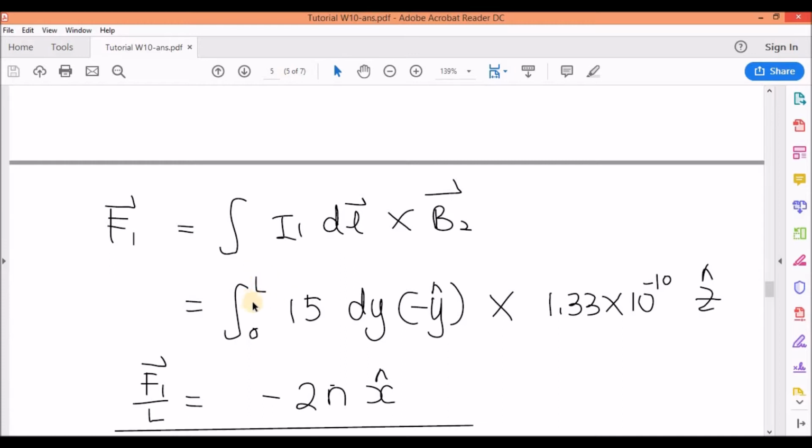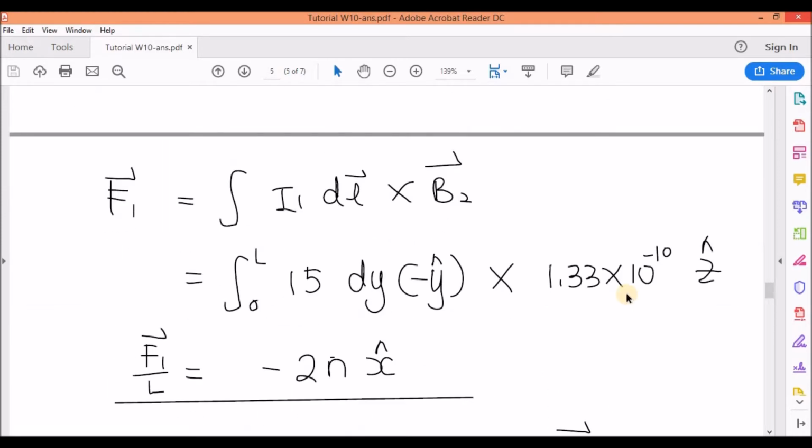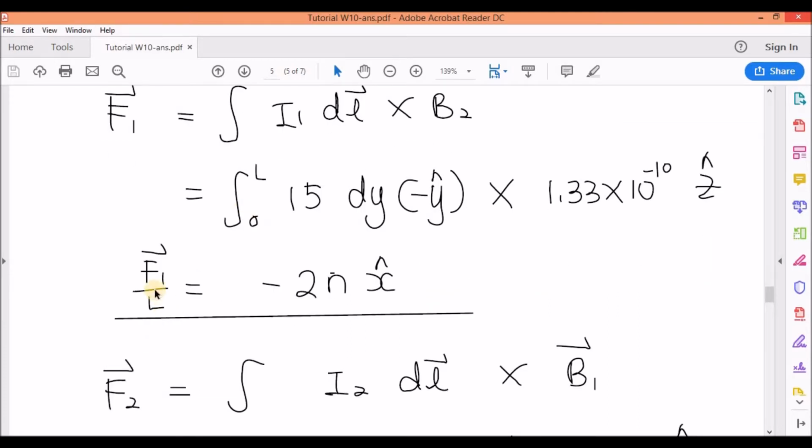I don't know what is the value of the length, and the length might be infinity because it is an infinite line. So your B2, you get it from the previous calculation here. So you put it here. When you perform the calculation and also the cross product between the negative unit vector y and unit vector z, you will get this one. So F1, the force exerted on the I1 per unit length, the length you take from here, will be this one.